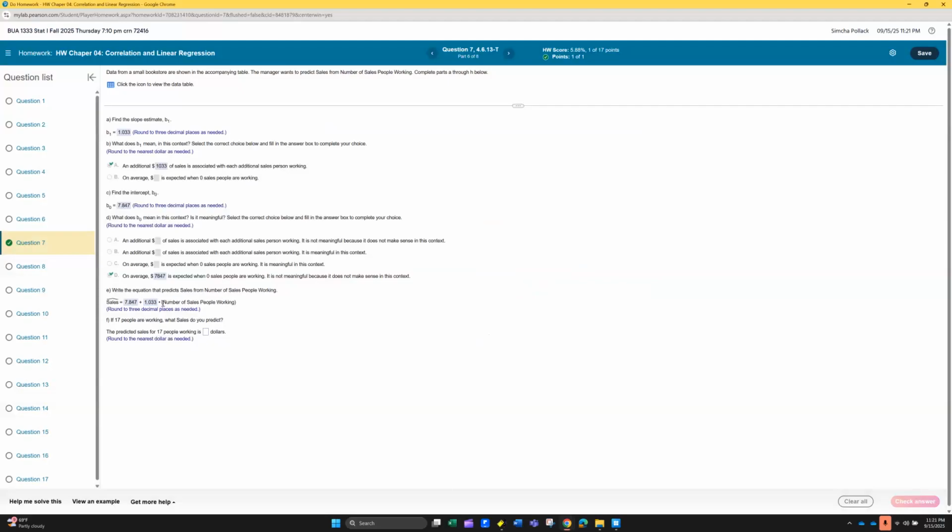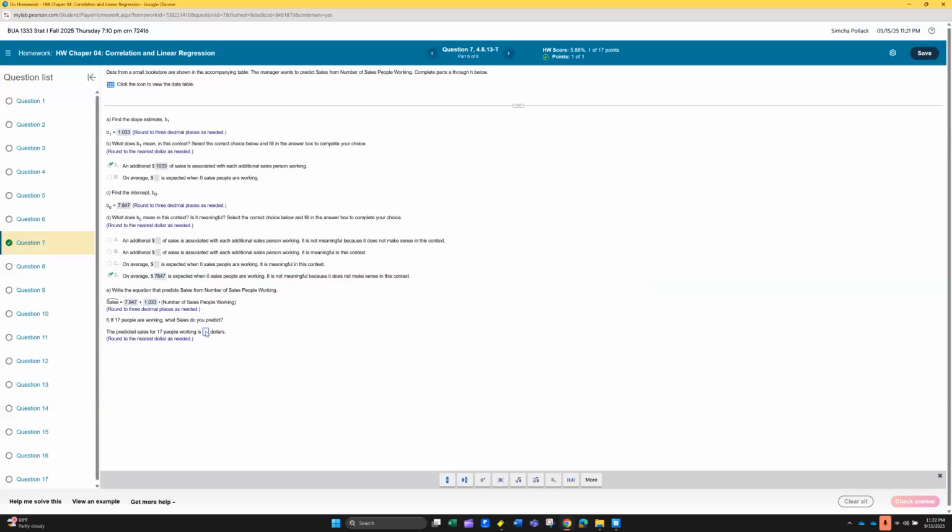So 17 times 1.033, I'm doing this in a calculator, times 17 equals, plus the 7.847 equals 25.408, but that's in units of 1,000, so you multiply it by 1,000, so it's 25,408.